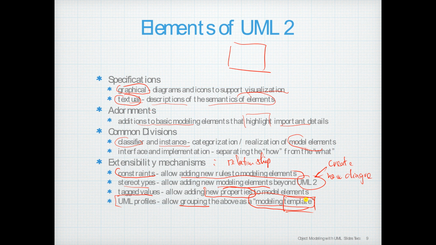Template means that you have some common pattern, and the next time you don't need to create from the beginning. You have the basic structure and just copy this pattern to a new one. So it's a modeling template.